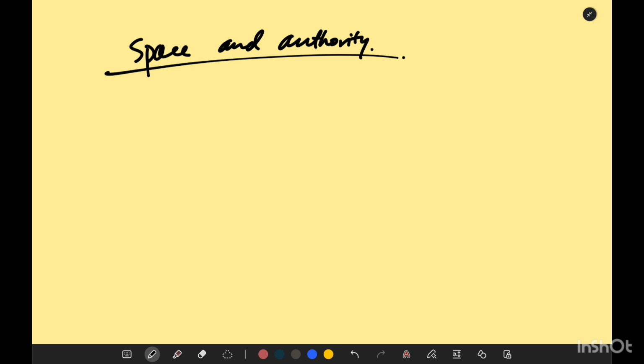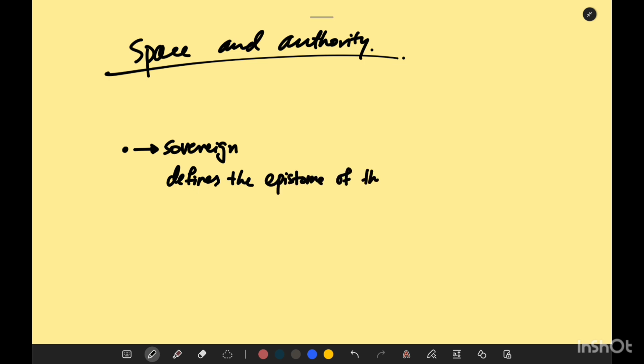Right, so the space and authority. The sovereign not only defines the people, but it also defines the episteme of the world. What that means is that, if you remember Lineland or Pointland, let's do Pointland just to make things simple. So this is Pointland, and this is the sovereign, and it defines the episteme of the world.